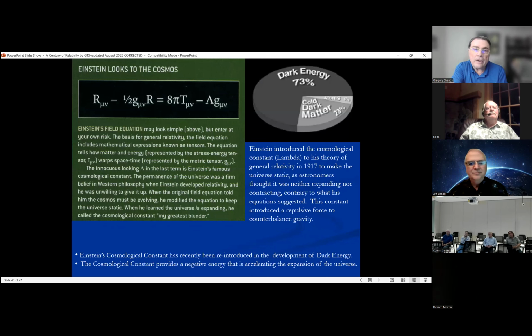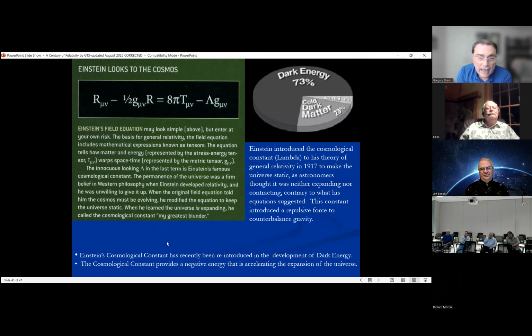And then here Einstein added lambda, the cosmological constant, because at the time they thought the universe wasn't expanding. Einstein's equation stated that the universe was expanding, and so he put this lambda here so that he could stop the expansion of the universe, and called it his greatest blunder.